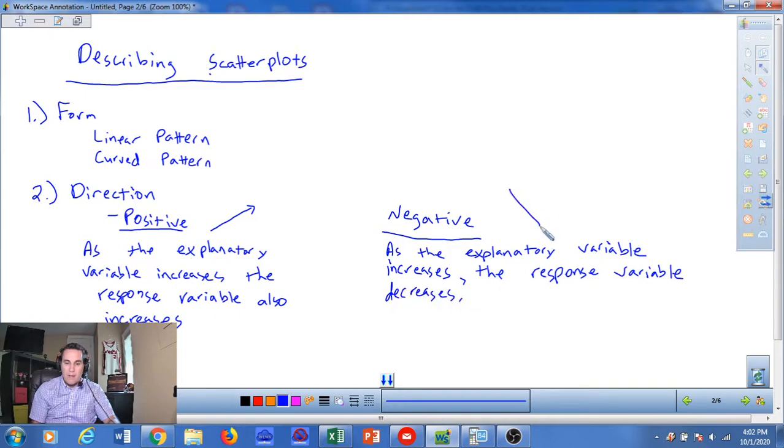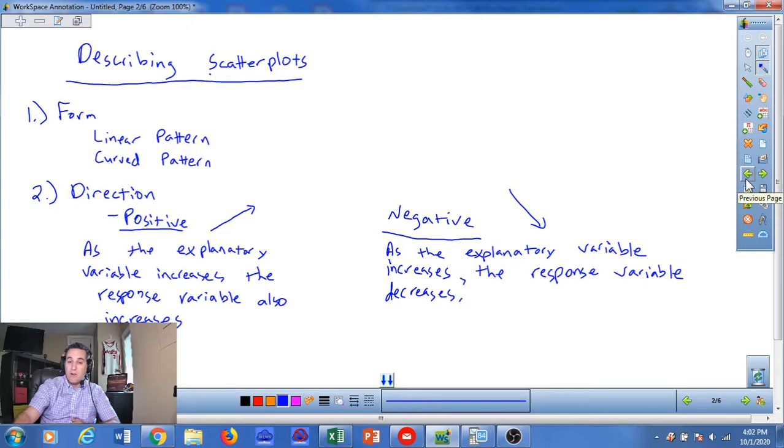That would be a negative pattern going down like that. Okay, so as the x increased, the y actually decreased. So direction, important.